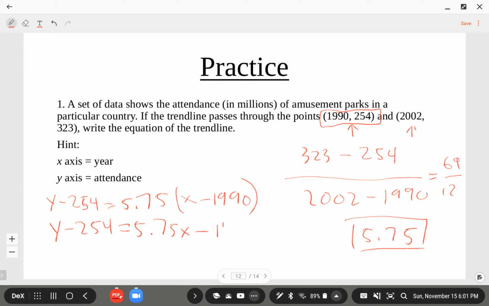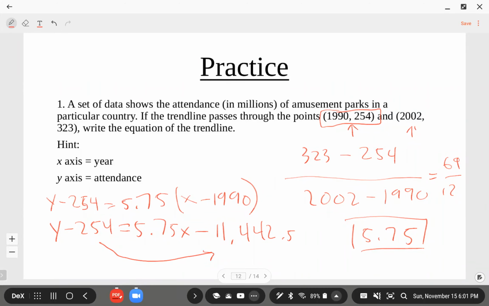That would be 11,442.5. Then you have to move this negative 254 to this side. Remember, use inverse operation.